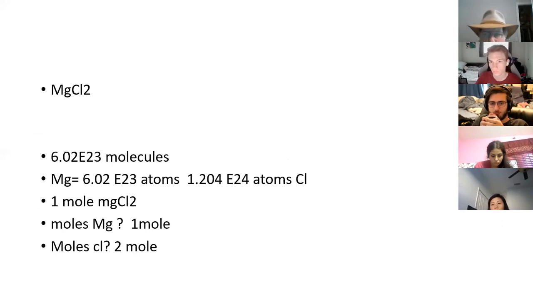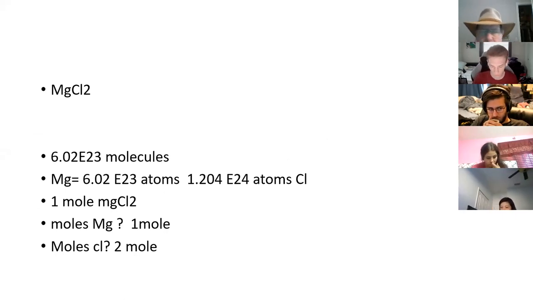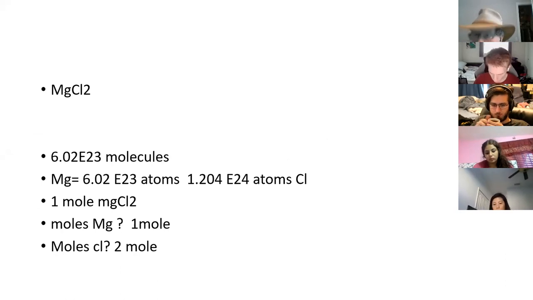Okay, so basically, if I'm looking at a mole's worth of magnesium chloride, this means I have 6.022 times 10 to the 23rd atoms of magnesium and 1.2 times 10 to the 24th atoms of chlorine, right? Yes.